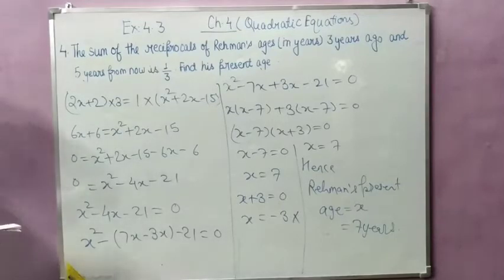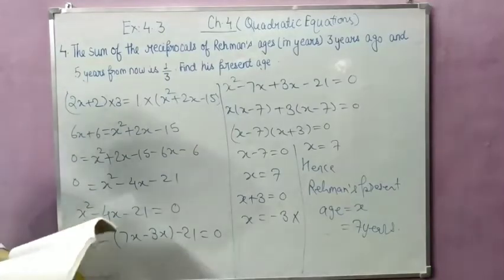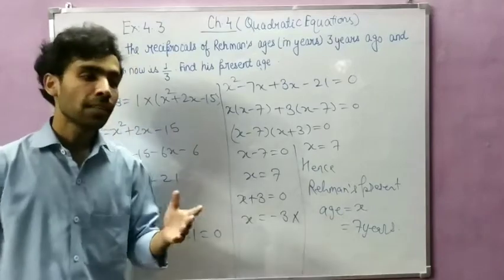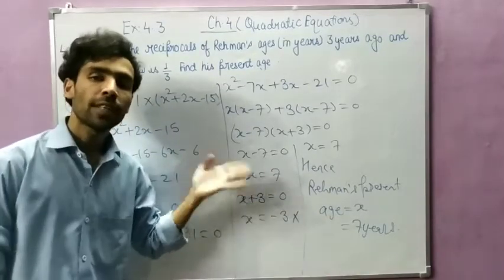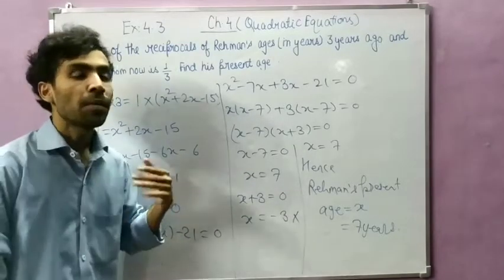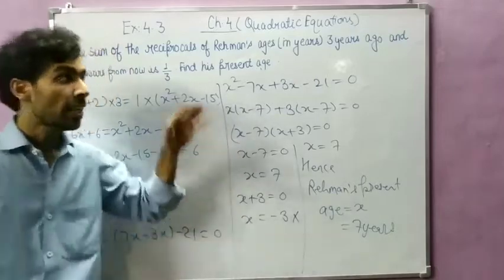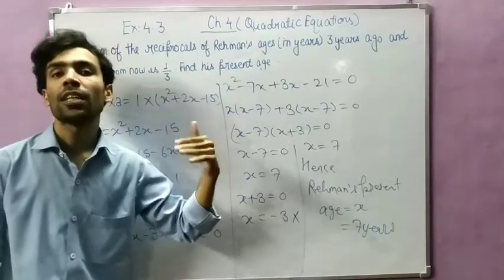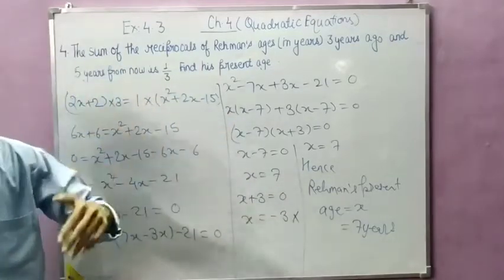So let's start the next question of exercise 4.3. I hope this is clear to you. First, we have assumed the present age of Rahman. Then we have calculated the past age before 3 years ago, that was x minus 3, and future age, it means 5 years from now, that is x plus 5. And the question said the sum of the reciprocals of their ages before 3 years ago and 5 years from now is 1 by 3.